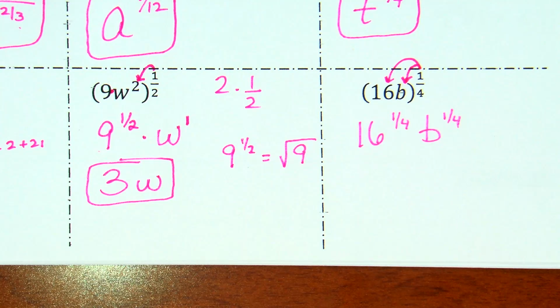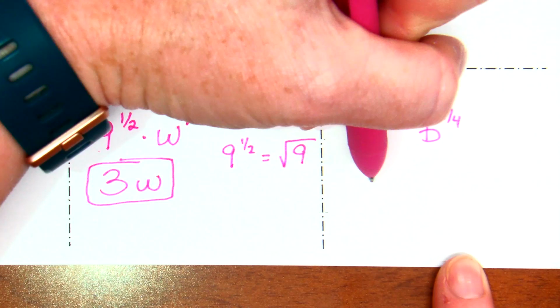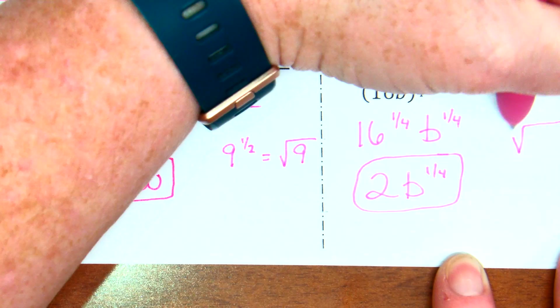Think about it. 2 times 2 is 4, times 2 is 8, times 2 is 16. Okay, so this becomes 2, and then we're going to leave it as b to the 1/4. And again, as I said, we'll work on those a little bit, but that's just saying the 4th root of 16 is equal to 2.